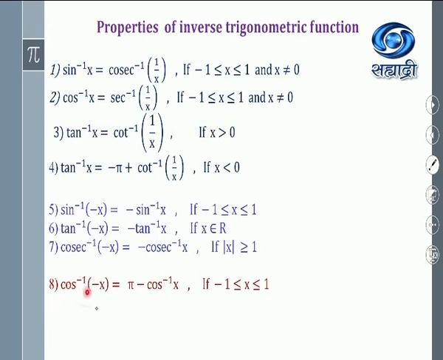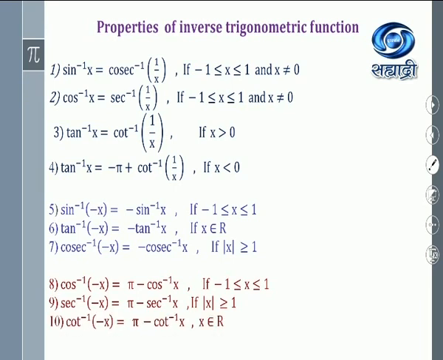Now for cos inverse of minus x, we have pi minus cos inverse x, x less than or equal to 1, greater than or equal to minus 1. Number 9. Sec inverse of minus x is equal to pi minus sec inverse x if mod x is greater than or equal to 1, and cot inverse of minus x is equal to pi minus cot inverse x, and here x belongs to R.